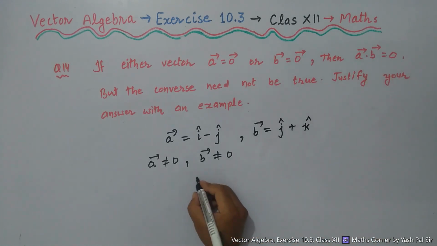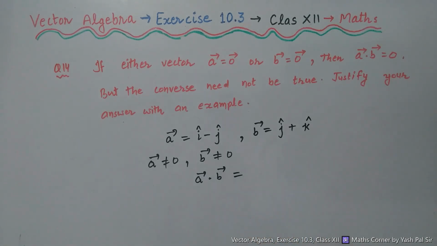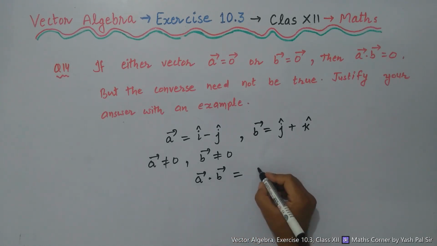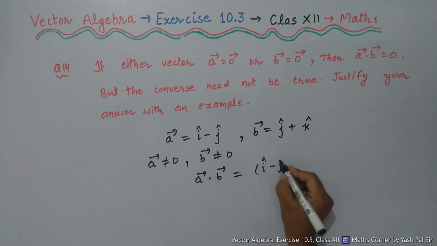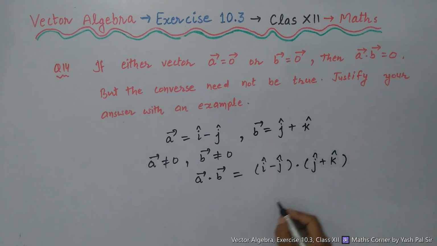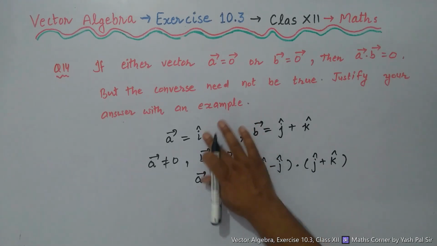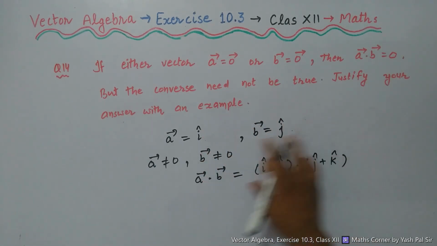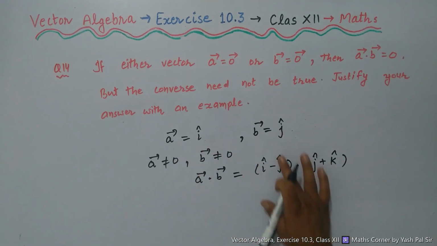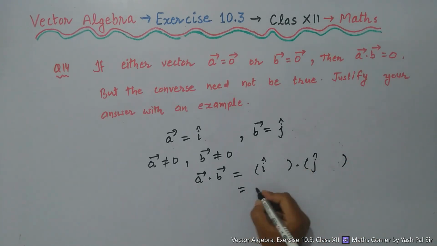But A dot B is equal to i minus j dot j plus k. We have to make the dot product equal to 0, so we can change the vector as, suppose vector A is equal to i, vector B is equal to j, so their dot product i dot j is 0.